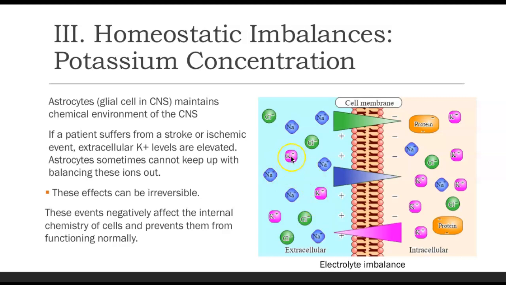And our astrocytes sometimes can't keep up with balancing these ions out. So we get this imbalance that takes place. And sometimes these effects can be irreversible. These events are negatively going to affect the internal chemistry of our cells and prevent them from functioning normally.